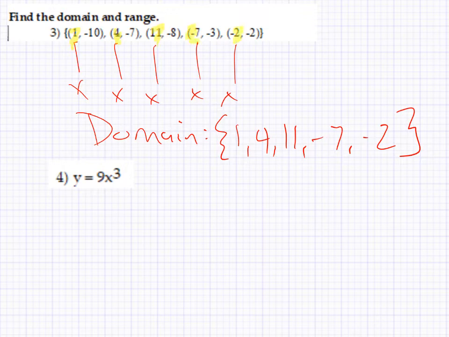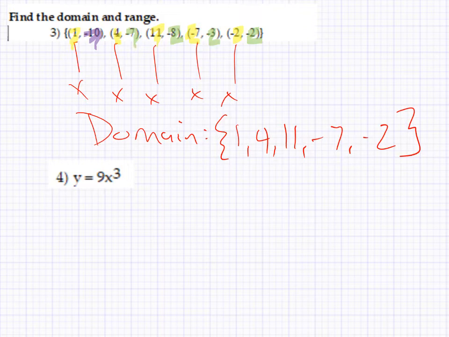And then the range values would then be the y values here. Oh, that might be a little too dark. So let's go with green. So the y values here, here, here, here. So then if I wanted to say, well, what's the range?